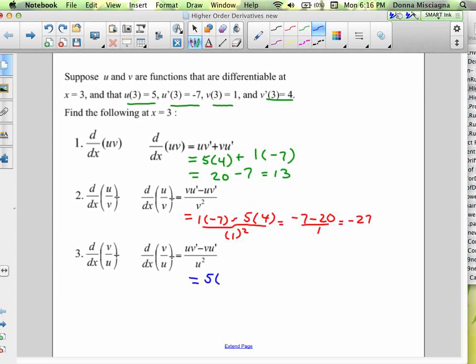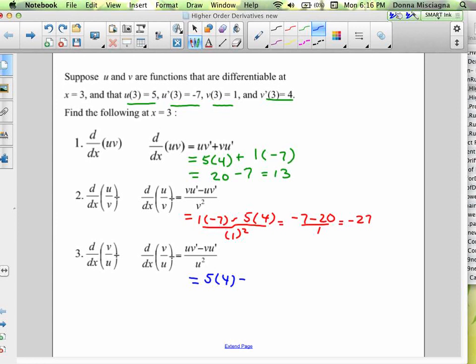Now the numerator is v, so that's going to be 4, minus the numerator times the derivative of the denominator. They're mixing me up, I think, with the v's and the u's.